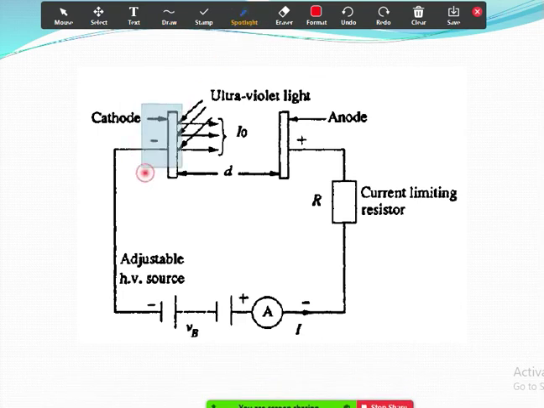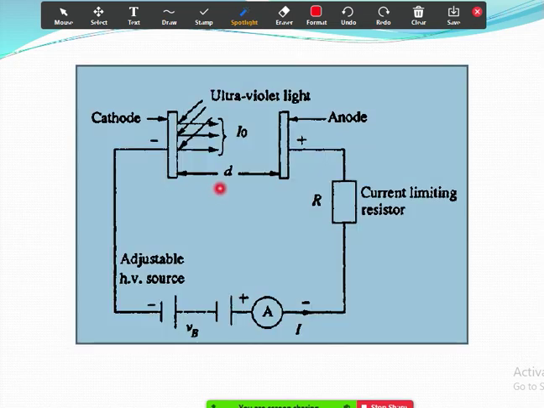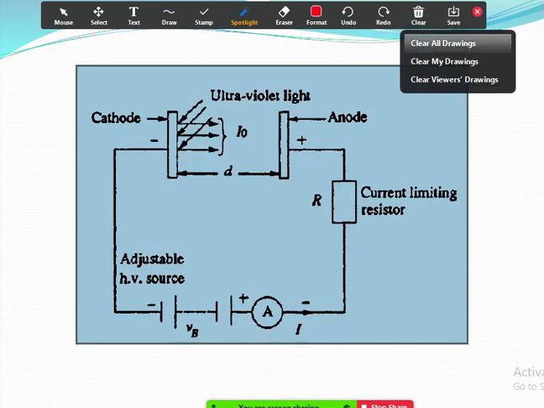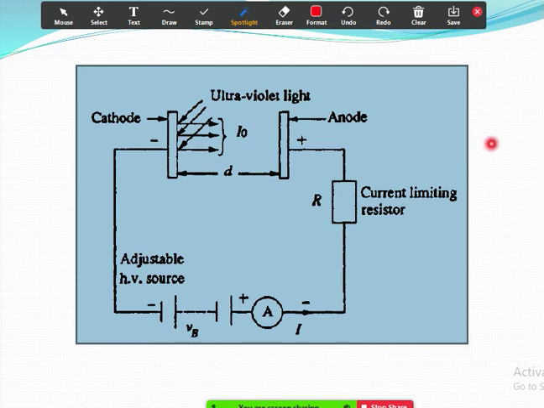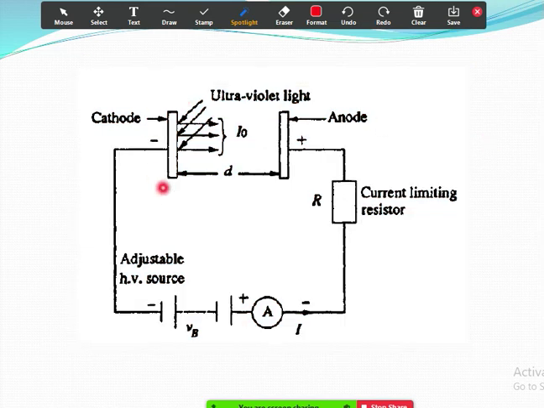So you know this is a cathode, which is negatively charged, or this plate is connected to the negative potential of the battery, and this is the anode. This anode is connected to the positive polarity of the battery.